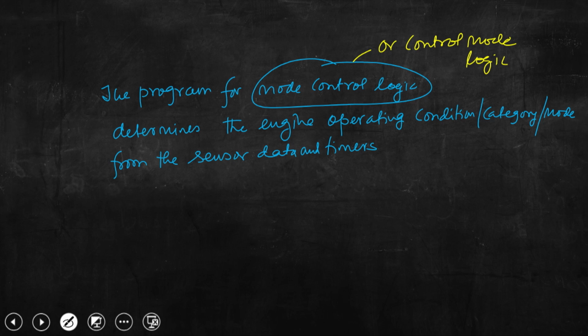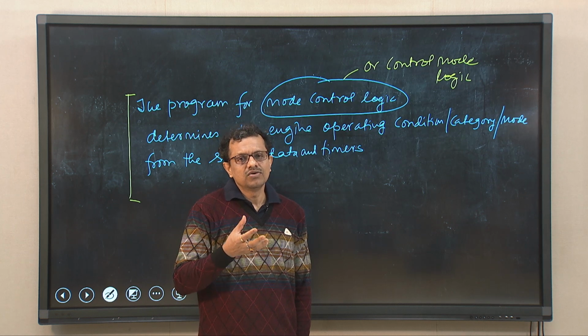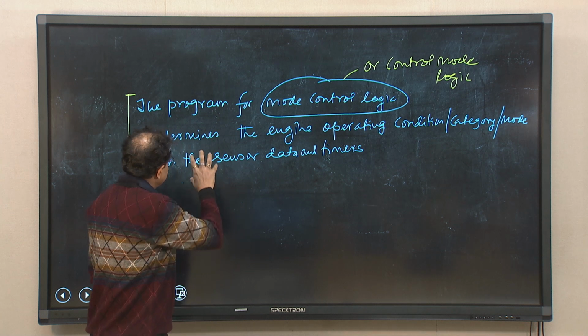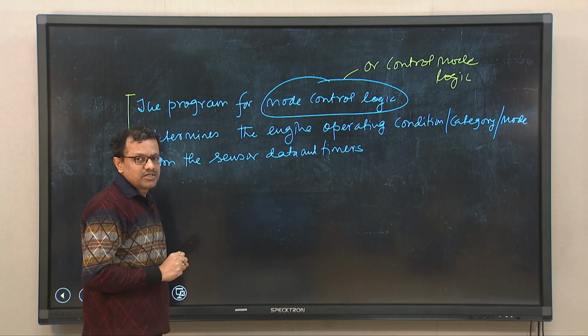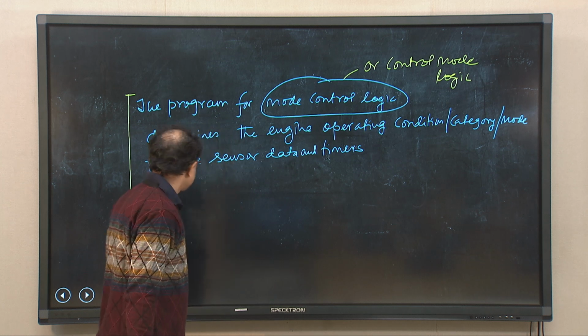So, that is very important. This is the basic method, the very important point based on which a control system works.